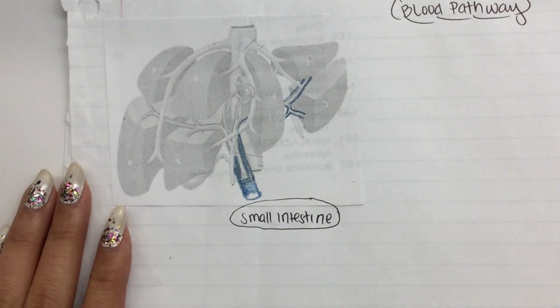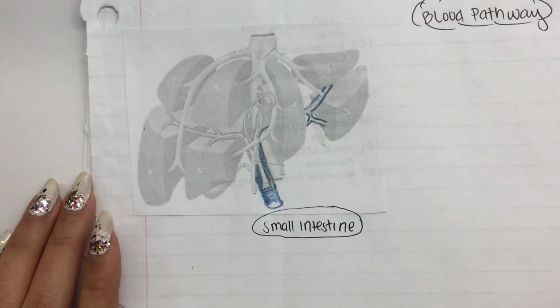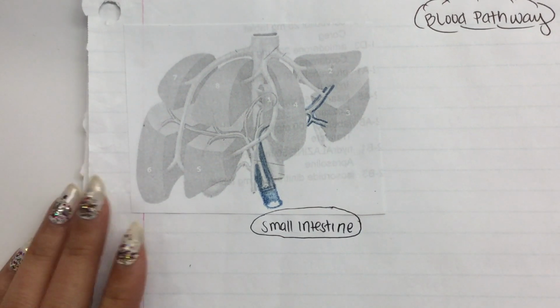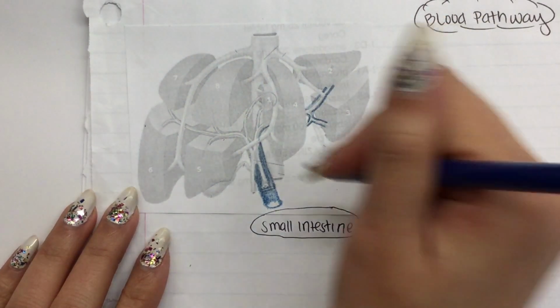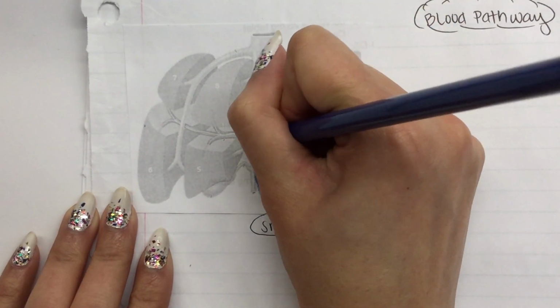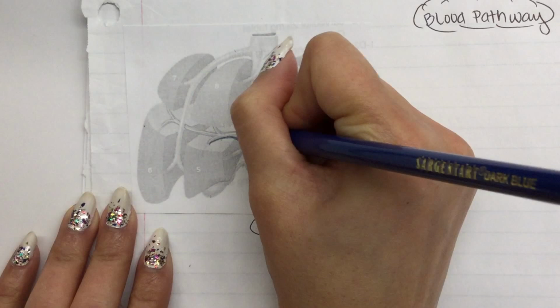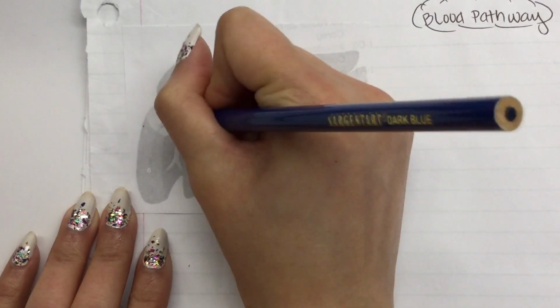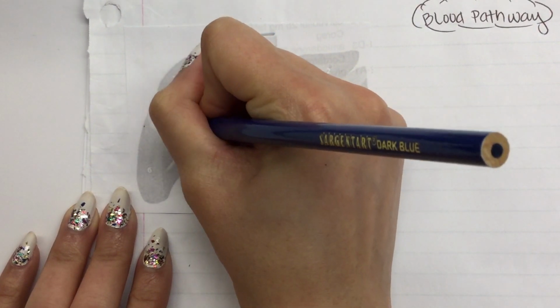Isn't it deoxygenated? Yeah, but it's bringing nutrients directly from the small intestine. Deoxygenated just means no oxygen. Doesn't imply denutriented. Wait, not a word. Just kidding. Okay, and then I'm going to make sure there is a blue hepatic portal vein branch going to every single section of the liver.